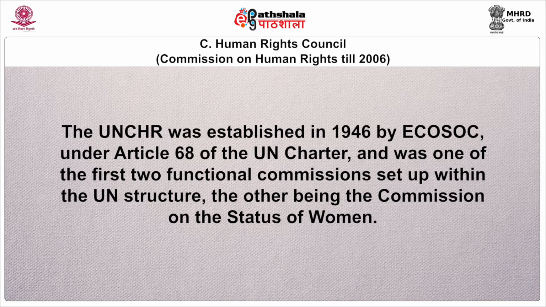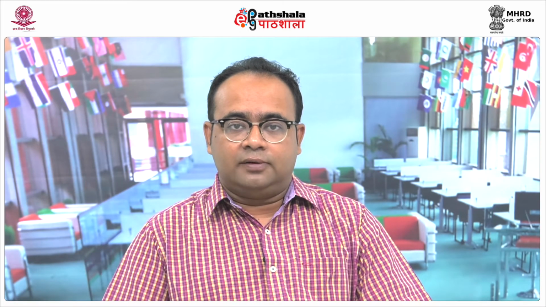The UNCHR was established in 1946 by ECOSOC under Article 68 of the UN Charter and was one of the first two functional commissions set up within the UN structure, the other being the Commission on the Status of Women. It met for the first time in January 1947 and established a drafting committee for the Universal Declaration of Human Rights (UDHR) adopted on 10 December 1948.